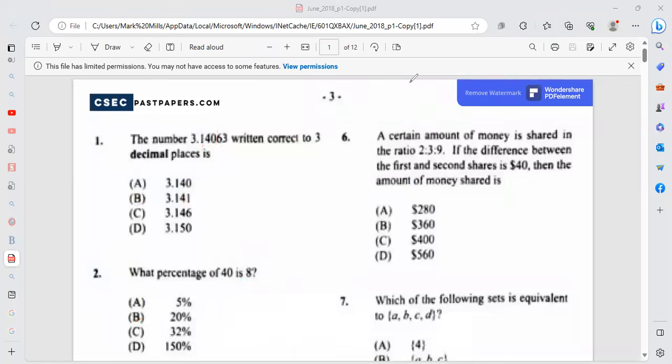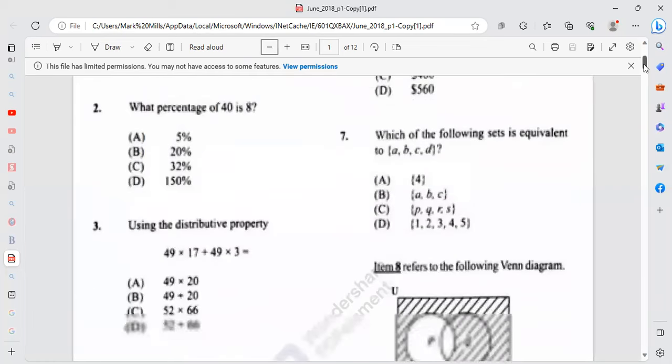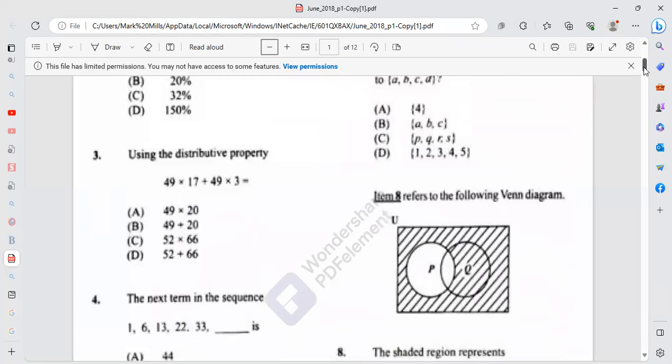Let's go. Number 3. How will I do number 3? Anyone, how do I do number 3? What is my common factor here? 49.